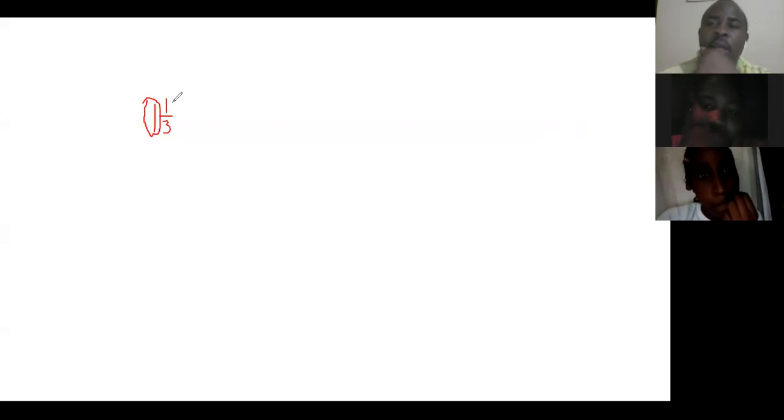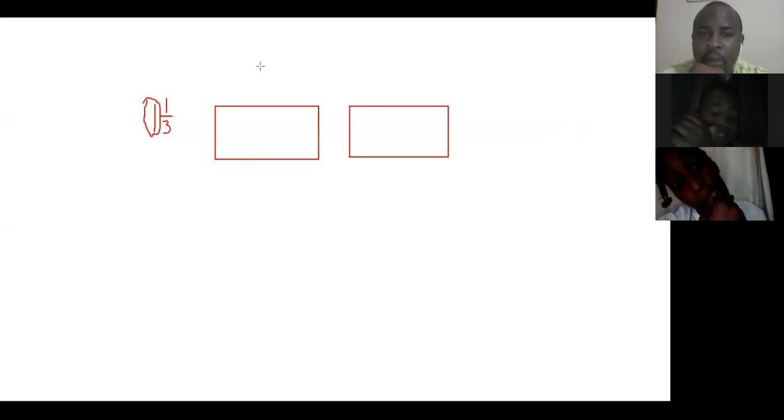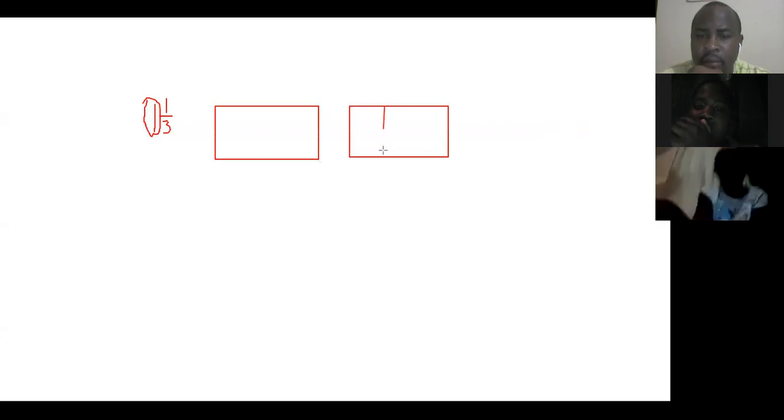Yes, sir. Okay, good. So it means that even though it is called a mixed fraction, Zaria, only the whole of it is not a fraction. What this means is this: you have one thing. And then the same size thing is divided into 3. You see that? Yes, sir.